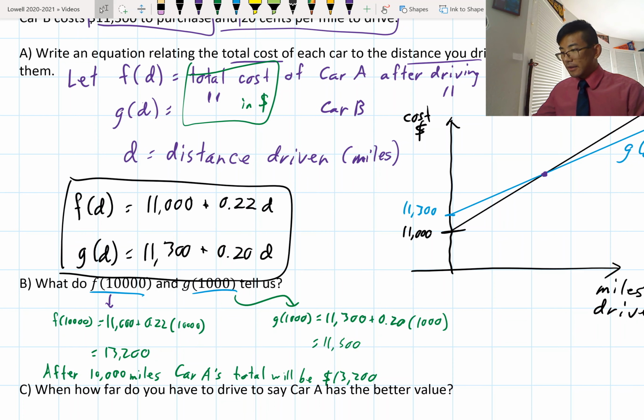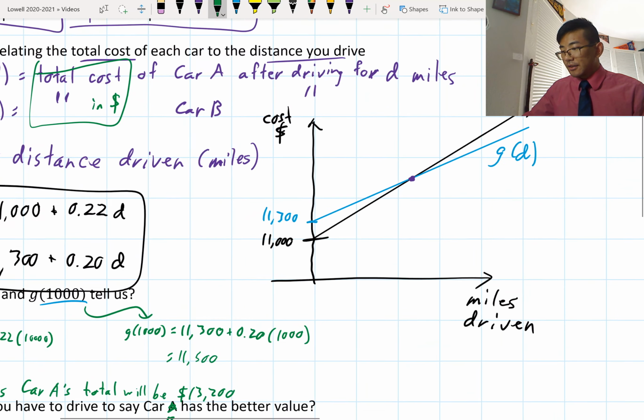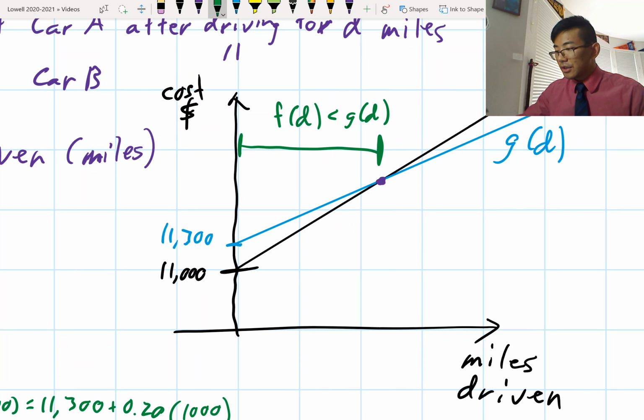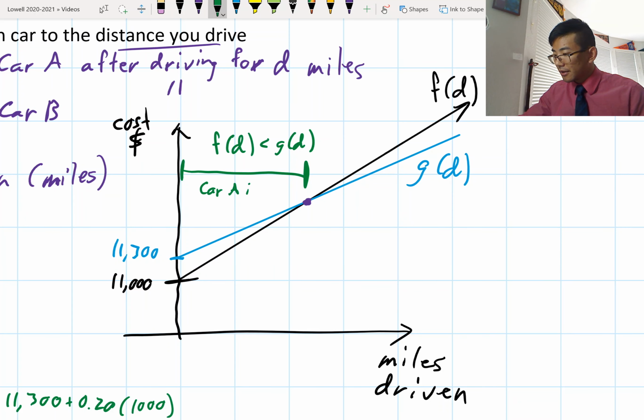The last part here is how far will we have to drive before we can say car B has the better value. What this means is, if we look back at the graph, from the start up till here, F of D is smaller. The outputs, the Y values, are below G, meaning that car A is cheaper.